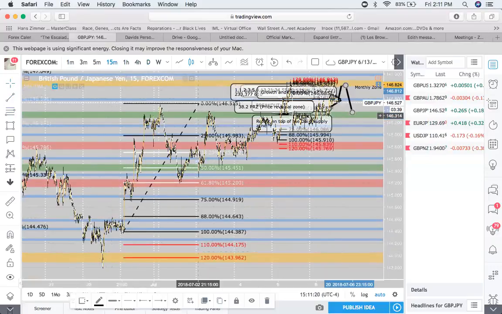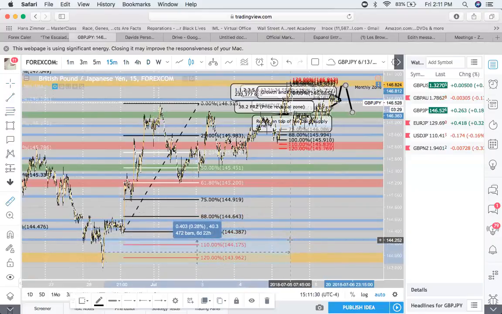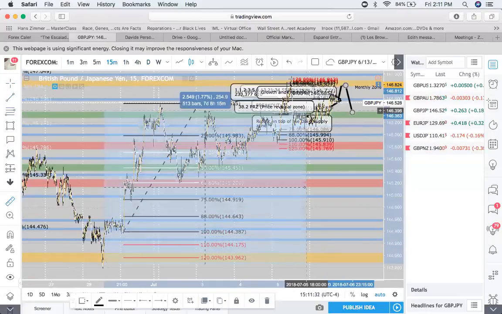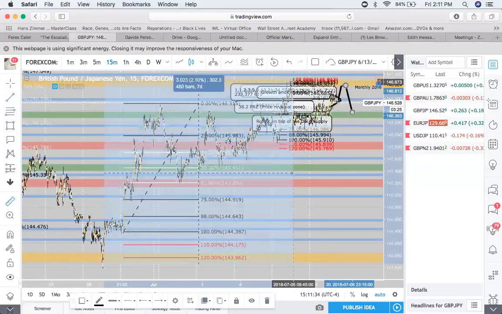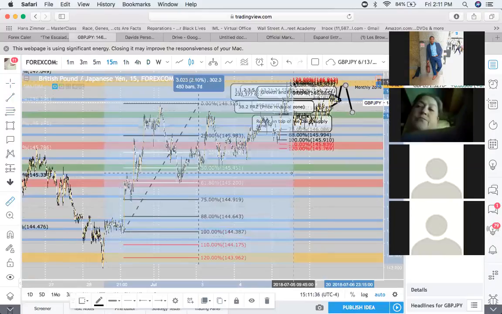It might take a little bit of time, but they need to come back to each other eventually. So from the 28th to the 5th, which is about 6 days and 22 hours, it went back to each other's zone, which is about 300 pips.